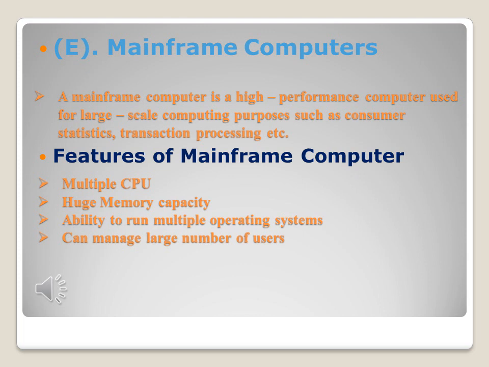Huge memory capacity, as for the different statistic purposes all the data are required to be stored. They have ability to run multiple operating systems at a time. That means at the same time we can run more than one operating system in a single mainframe computer. They also manage a large number of users at the same time.